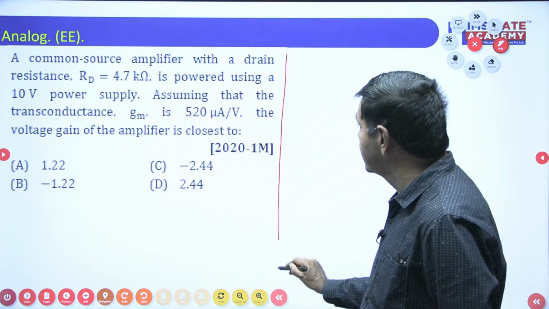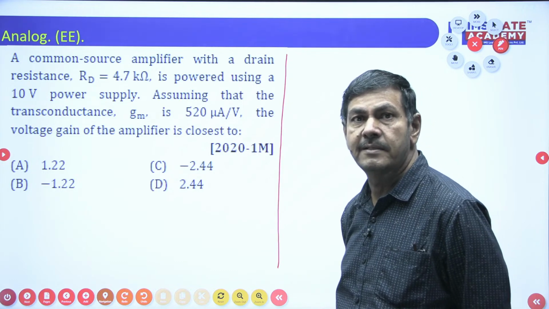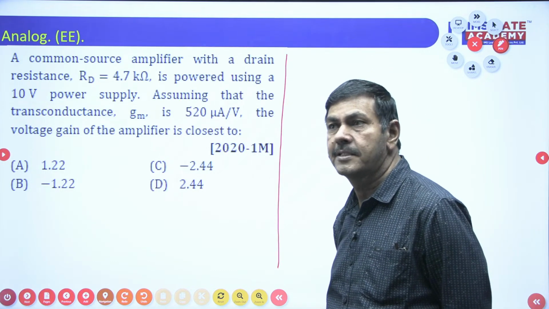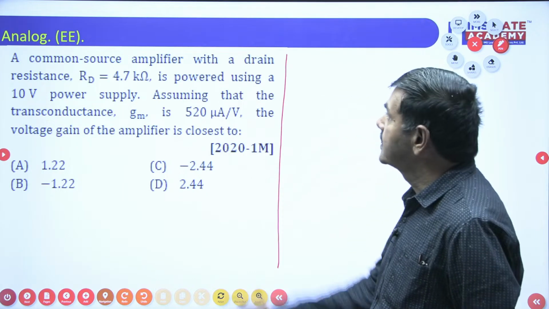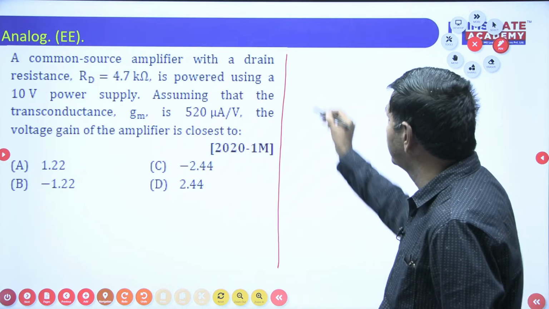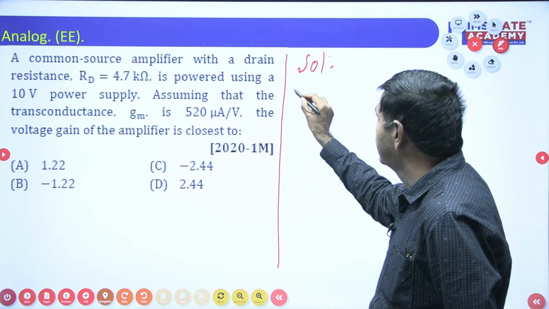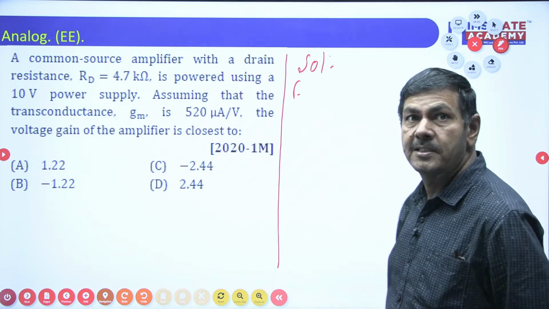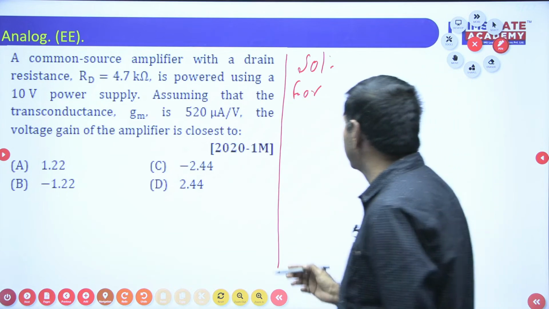Anybody can do this question without my help? Any student can do this question without my help. Is it possible? It's a very simple question. It is a common source amplifier that is given now. For common source amplifier, you must understand the point. I'll write this now.